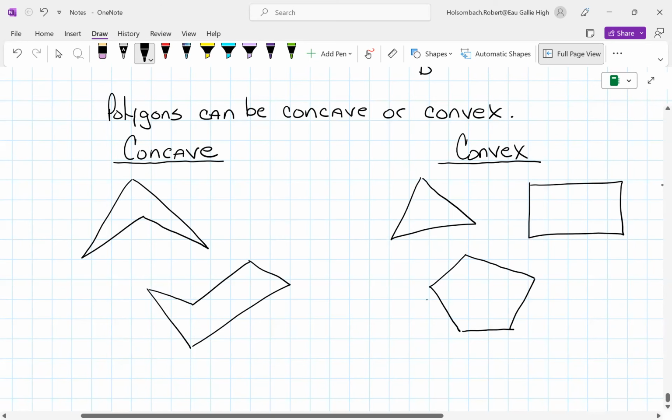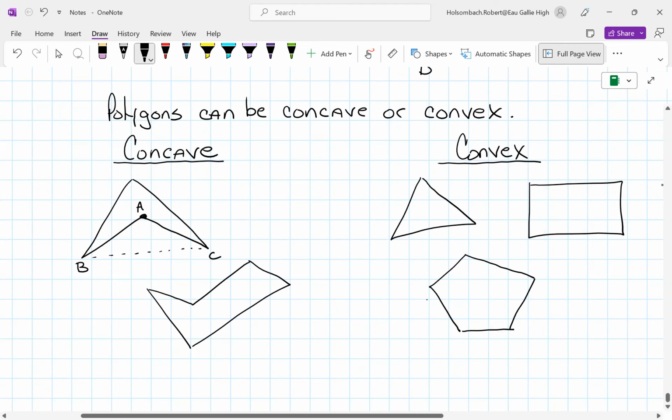Defining concave is when there is a vertex inside the shape of two other vertices. Meaning this point right here, if I call it point A, do you see how it is inside of point B and point C? If we connected B and C with a line, A is inside of that line, isn't it?